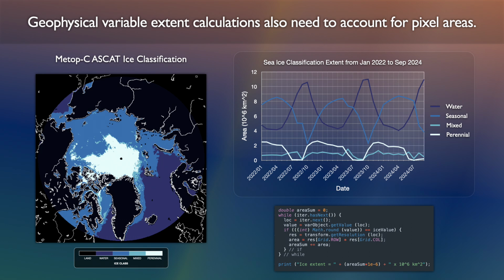So suppose we wanted to show how much these classes vary over time. We could write code like the snippet shown at the bottom right to loop over each pixel in the data set and add up the pixel areas for each pixel belonging to a specific class. And what I did is I ran the code snippet over a time series of files for each class, and you can see the results in the graph on the right, which shows how the ice classes vary in a regular seasonal pattern from 2022 to 2024.